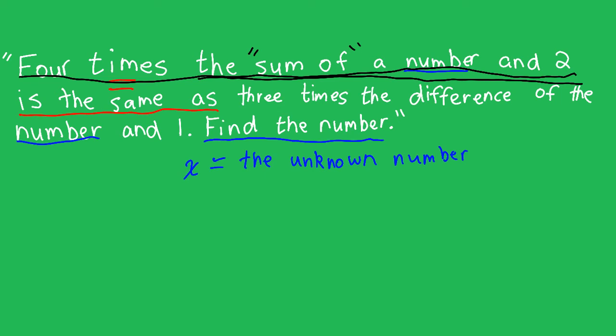So the sum of a number and 2 is saying we're adding that number and 2. And remember, we defined x to be the unknown number. So the sum of a number and 2 is x plus 2. Then it says 4 times the sum of a number and 2, so we multiply that by 4. So that becomes 4 times the quantity x plus 2.